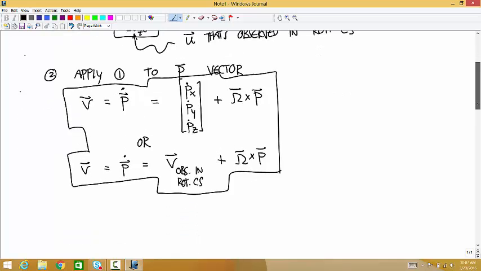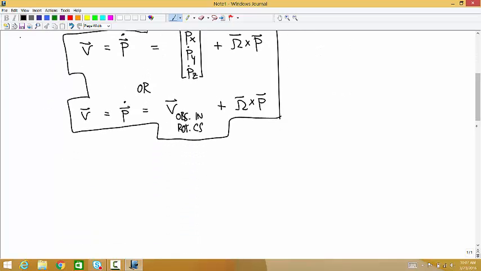And then the third main result, this is the one that's going to be most important to us because it relates to acceleration. And acceleration is where the path is to get from kinematic quantities to force quantities through Newton's laws.